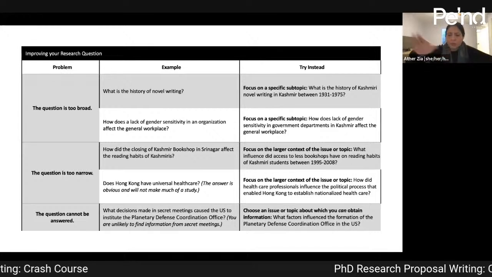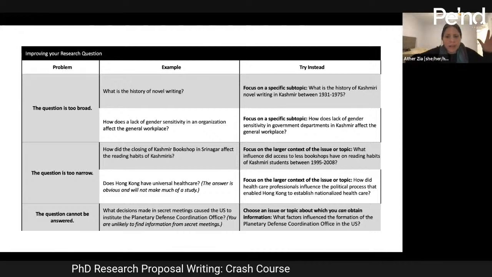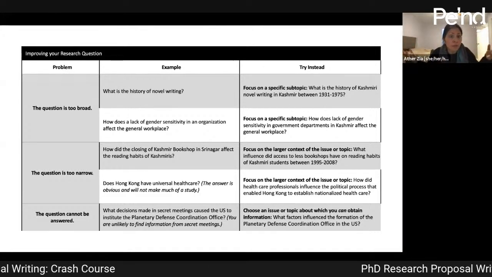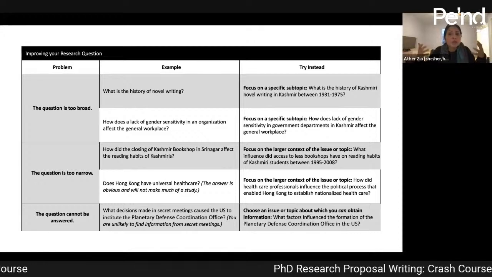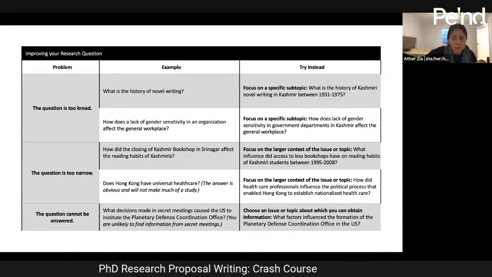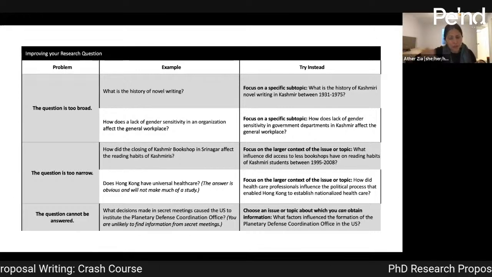So you do away with the time period and say, I'm going to look at this from whatever time till the current period, because you have data for that. You have met a lot of people who are going to talk about this. That's how you take a narrow topic and make it into a larger context, while also having a pointed, narrower focus.